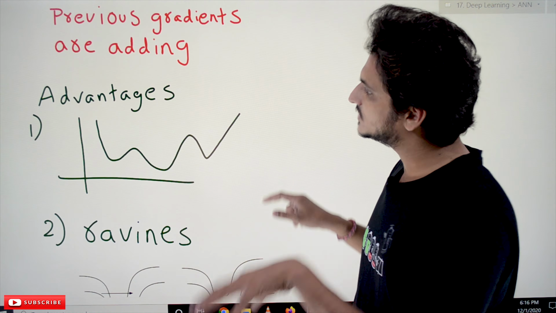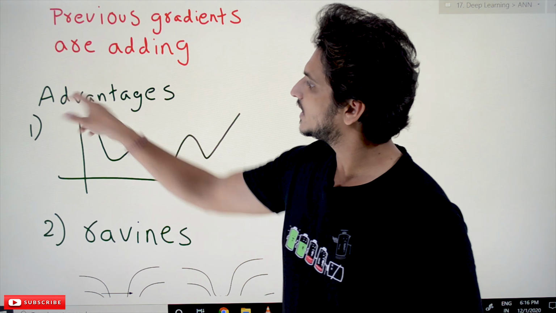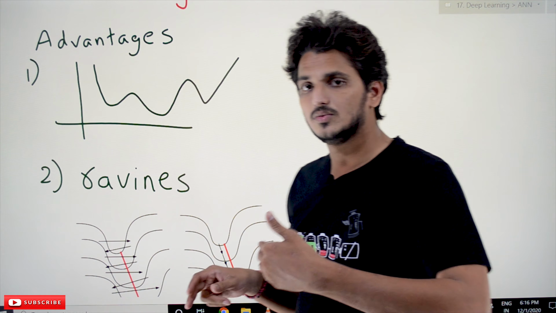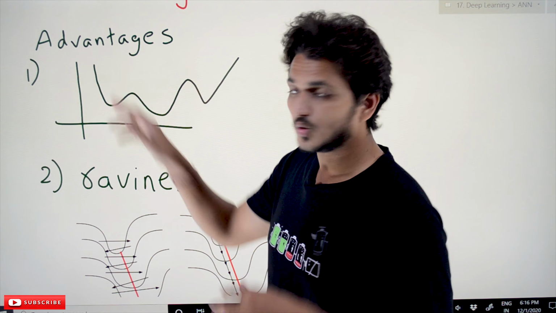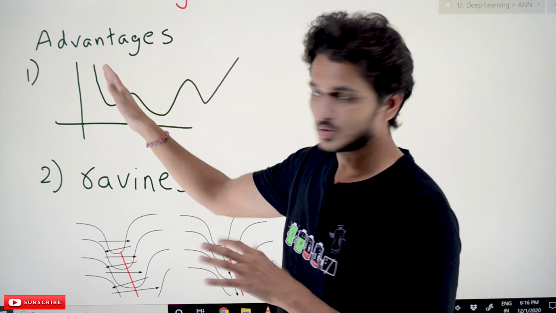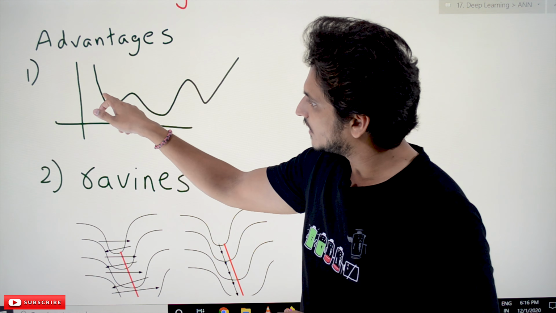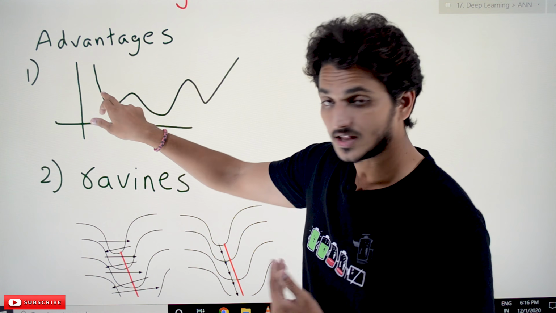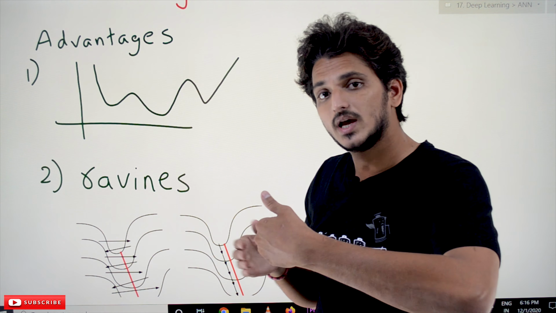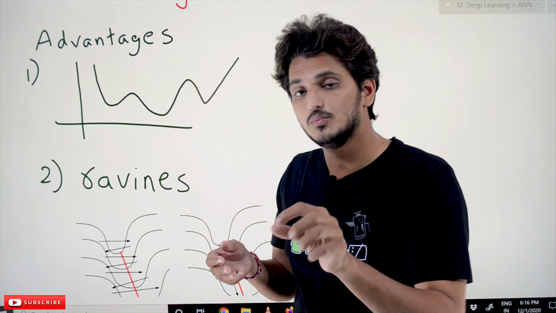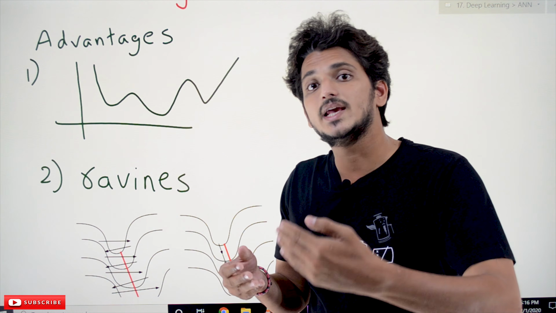So now let's check some of the advantages. In the first advantage, we are taking long jumps. We are showing it in 2 dimensions. Suppose this is 1 dimension, and our weights are here. In the next update we take the gradient and the previously calculated gradients, the momentum also, meaning we are taking long jumps.